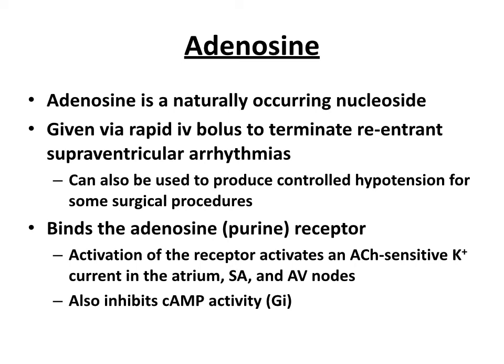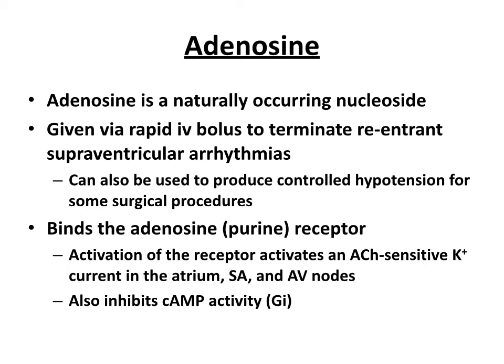What adenosine does is it activates the adenosine or purine receptor, and the activation of that receptor in turn, and this is complicated, activates an acetylcholine-sensitive potassium current in the atrium, SA, and AV node.